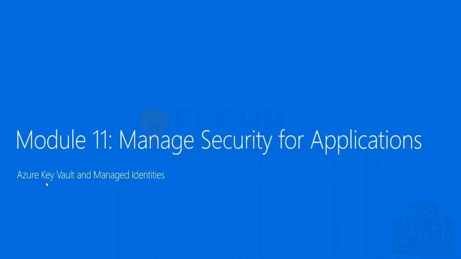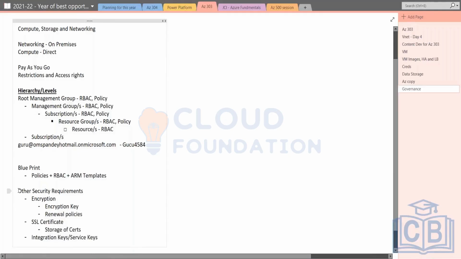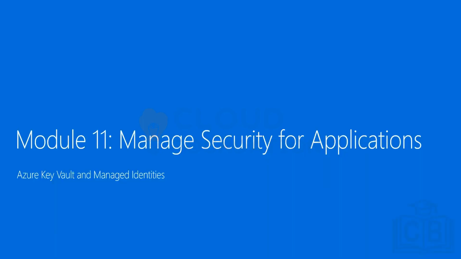Within the Key Vault, we can store or solve the security concerns which apply to the services, apart from identity management, which is IAM, identity and access management. Let's first understand Key Vault, look at the implementation, and then we will get into managed identities.